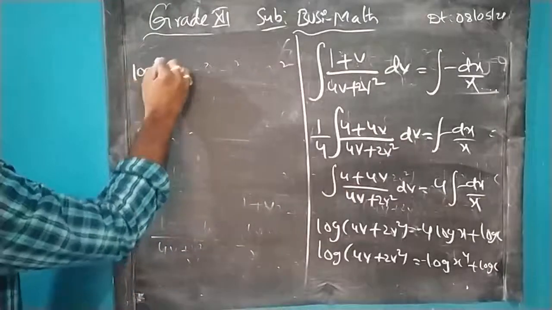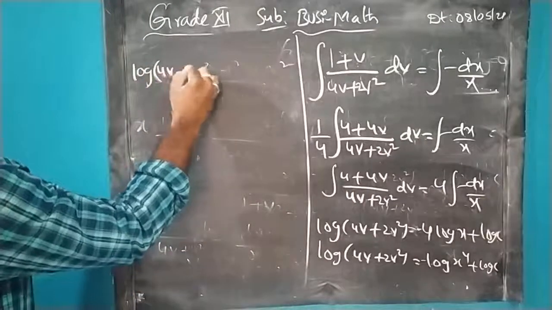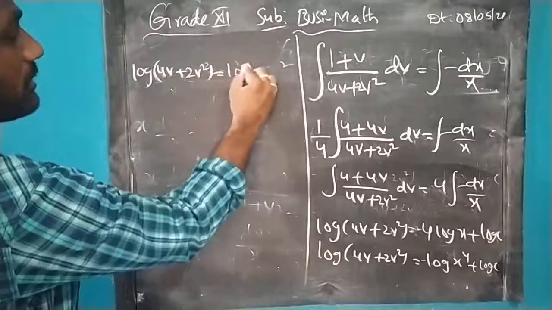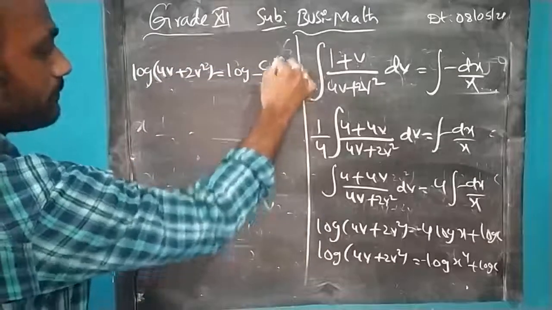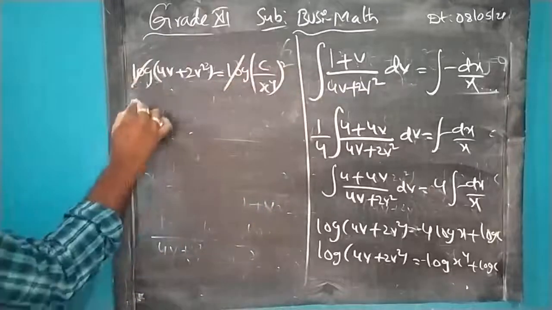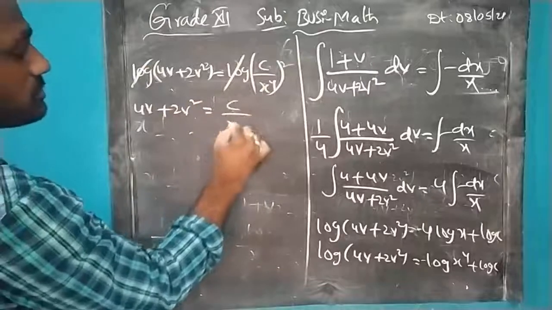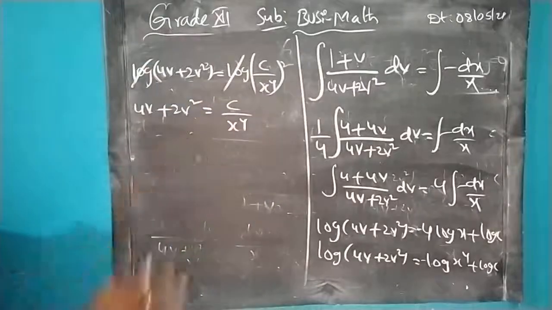Log a minus log b can be written as log a by b. So log gets cancelled. We are left with 4v plus 2v square is equal to c by x power 4.